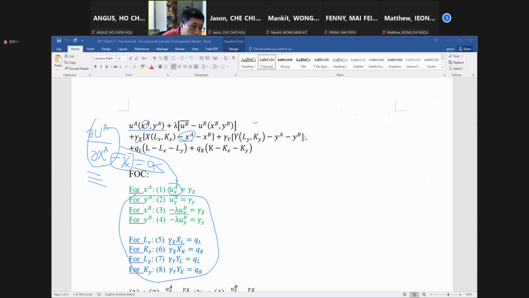And fortunately, for each of them, we have only 2 places to find each of them, xa, ya, xb, yb, and even for the resources, for example, if you look at where we have X, we have only 2 places where we can find it. So therefore, the calculation for the first order condition becomes much simpler. So this is the one point I needed to explain again.